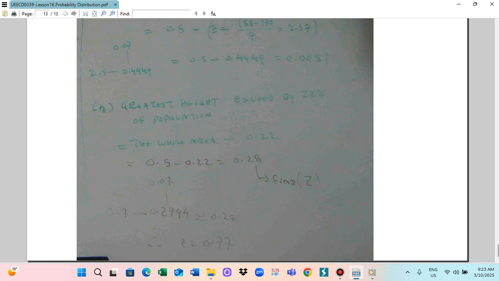So this is very close to 0.28. Therefore, Z is equal to 0.77.